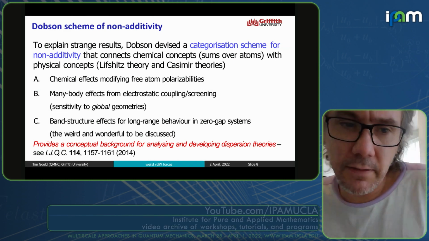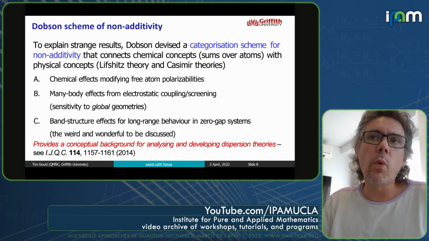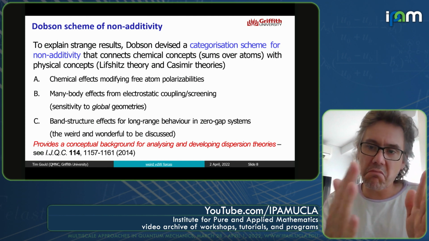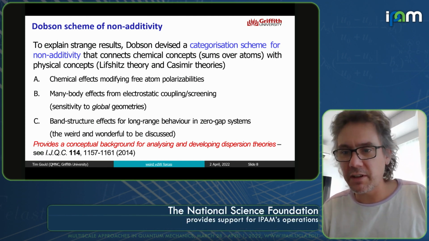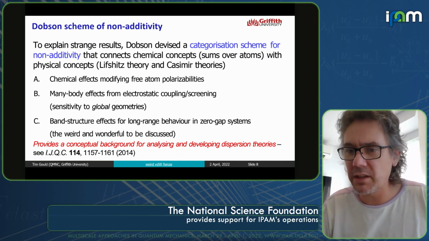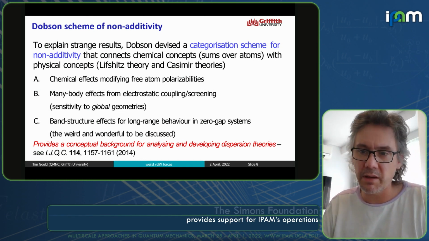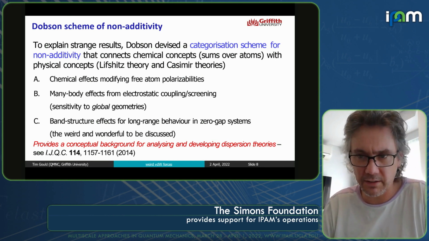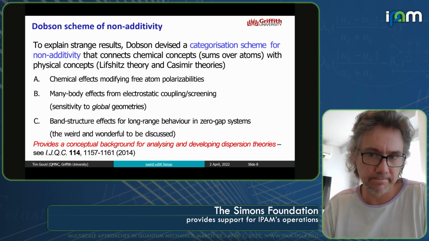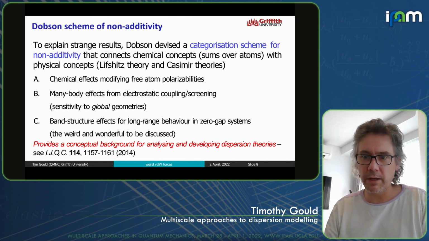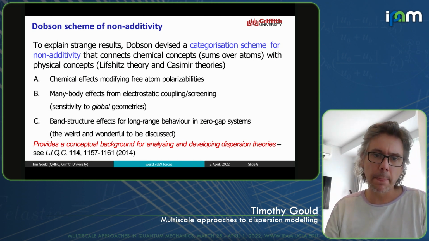So we want to explain this. What goes into making a system have dispersion forces that are greater than the sum of parts, and what goes into a system just having something that can be represented pretty accurately by a sum over C6 coefficients? We know a sum over C6 coefficients works well a lot of the time. But we also know it really doesn't work very well some of the time.